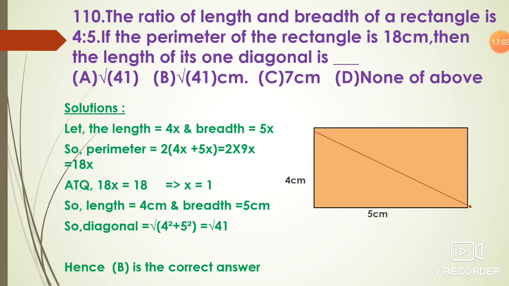So 18x equal to 18, so x equal to 1. So length equal to 4 into 1, that means 4 centimeter. Breadth equal to 5 into 1, that means 5 centimeter. And if we use Pythagoras theorem, we will get diagonal equal to root over L square plus B square. That means root over 4 square plus 5 square. After calculating, we will get root over 41. Hence B is the correct answer.